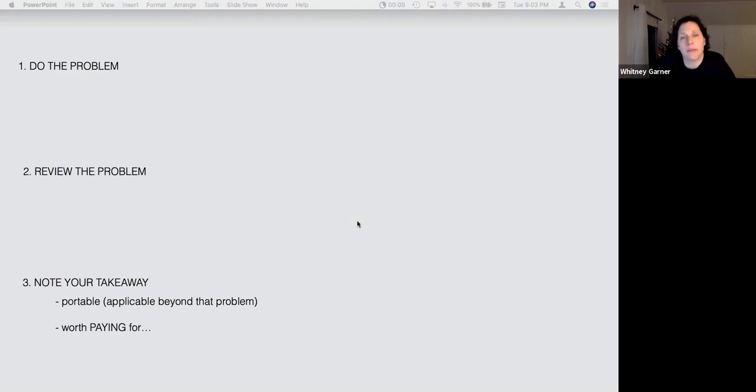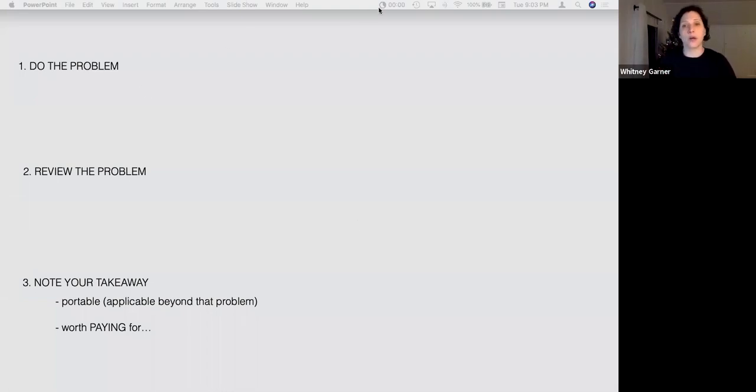Instead of stop making careless mistakes or read more carefully, be more specific. In order to not make that careless mistake, did you need to write down things on your paper? Did you need to try and build a table? Did you need to stop and reread the section when you knew you weren't clear about it? So what is the takeaway that's the most value add for you?